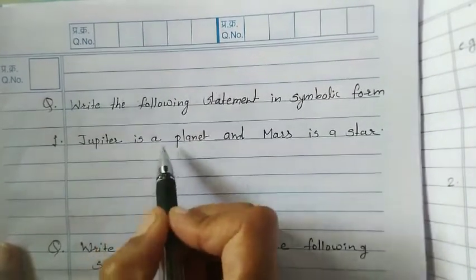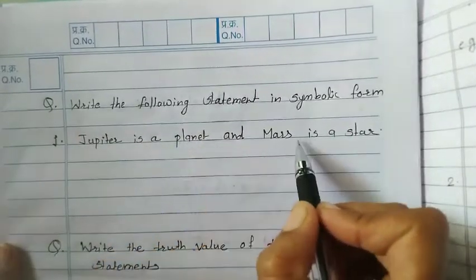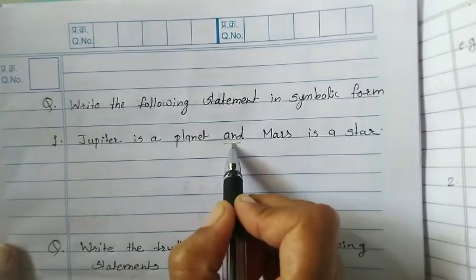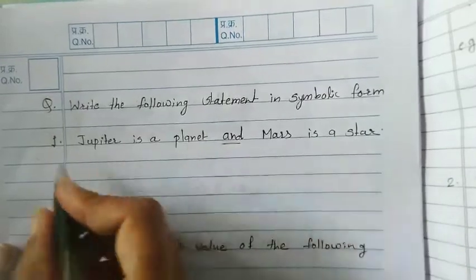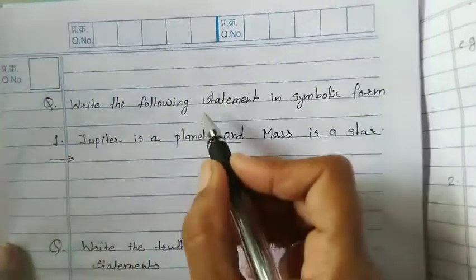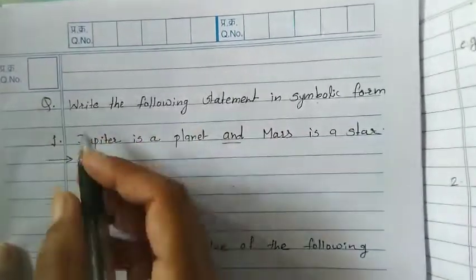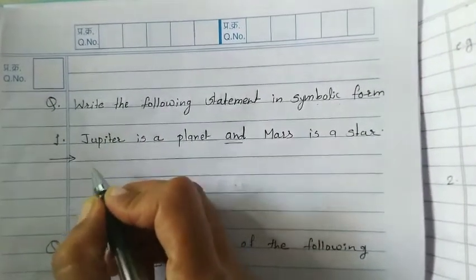There are two different statements. First is Jupiter is a planet, another is Mars is a star. These two statements are connected by the word and. That means this is an example of conjunction. Here we have to write only the symbolic form, so we don't need its truth value.